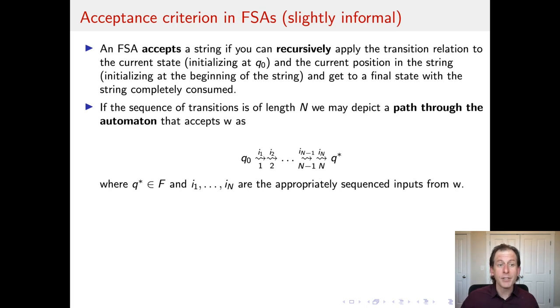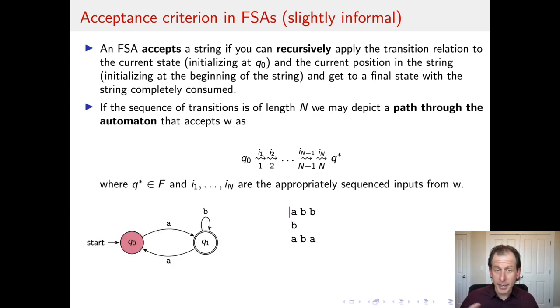We could say that if the sequence of transitions is of length n, we might depict a path through the automaton that accepts the string W as the following. It's just a sequence of these transitions, so we're going to label the transitions that way. And now Q star, where you end up, has to be a final state, and the i's have to be appropriately sequenced inputs from the string W.